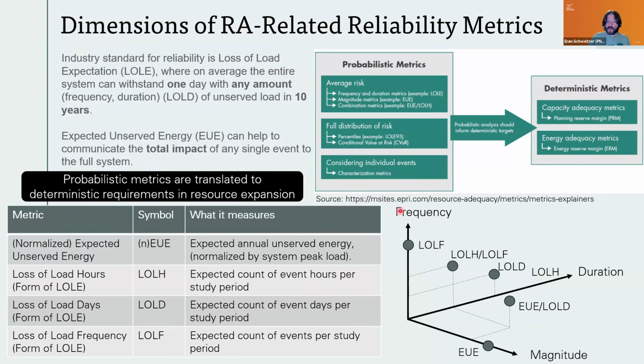The key last takeaway here is that we do this probabilistic analysis in resource adequacy, and it is then translated to a deterministic quantity, namely the reserve margin that is fed into the resource planning process.